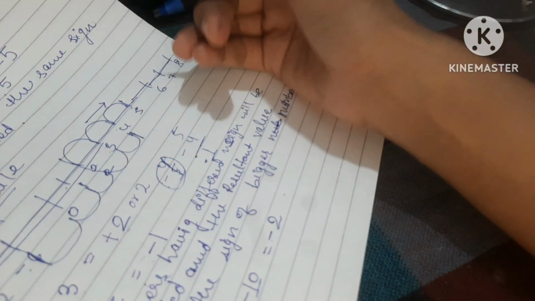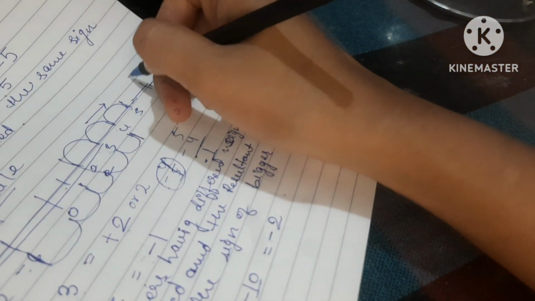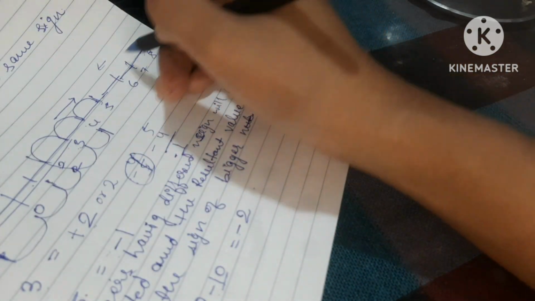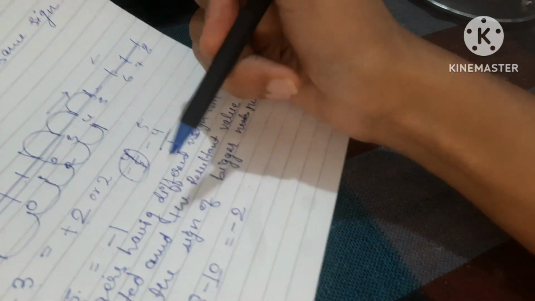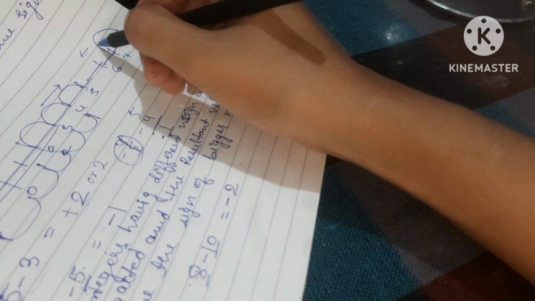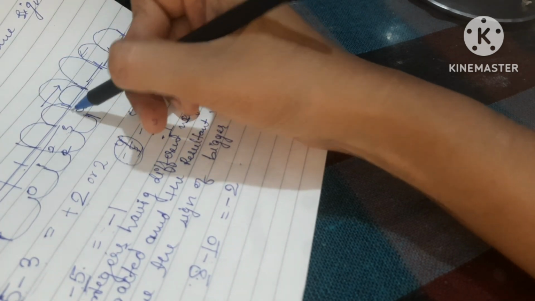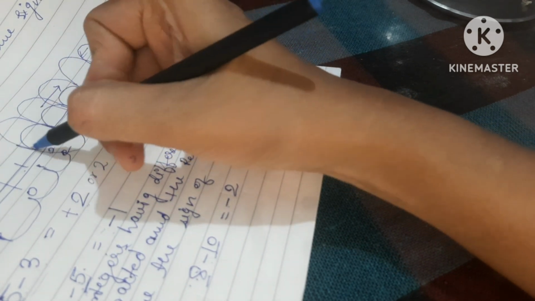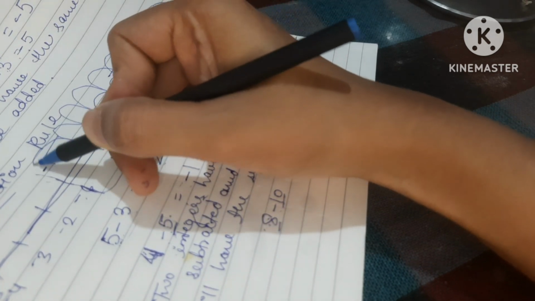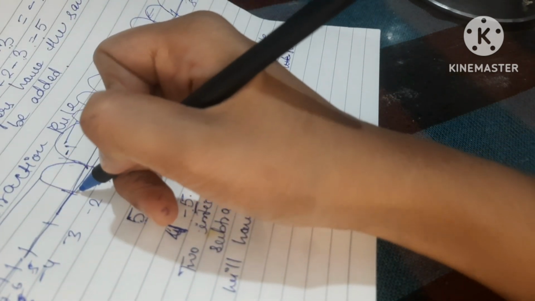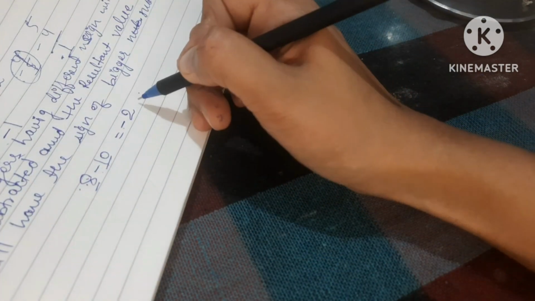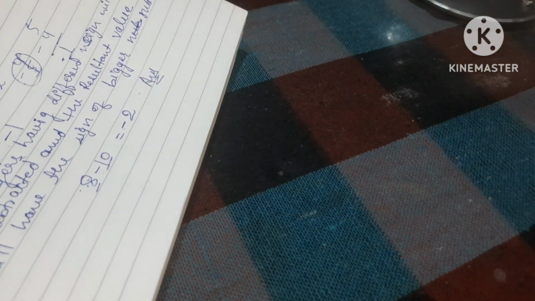I am moving towards left because it has minus sign, and minus sign indicates the left direction. So 8 minus 10 means I have to jump 10 times from here. I am moving left, again I am saying, because 10 has minus sign with it. So 1, 2, 3, 4, 5, 6, 7, 8, 9 and 10. Where did I reach? I reached value minus 2. So I get the answer as minus 2 with the help of number line.